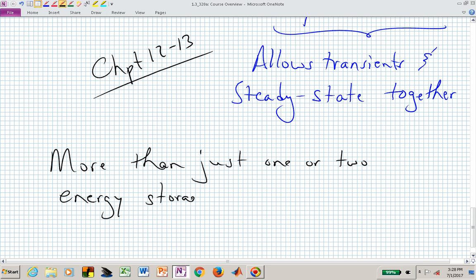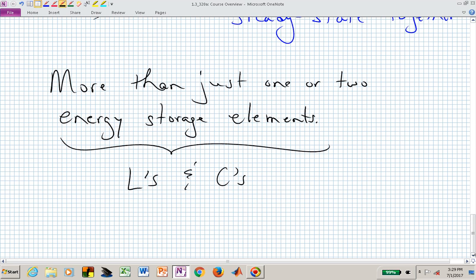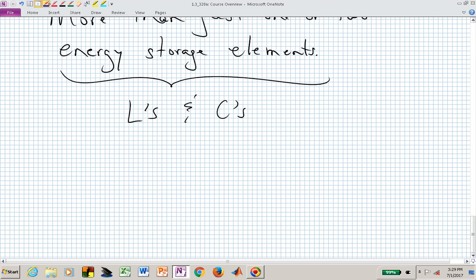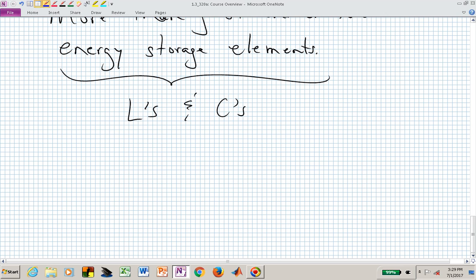For our energy storage elements, where I'm sort of lumping onesies and twosies, meaning one of our loads might have been the transmission line, a second might have been the loads. Now we want to consider more complicated interconnections, where we have more inductors and capacitors available to us, and we may still want to think about those in one transfer function or one description from a source or input to an output.